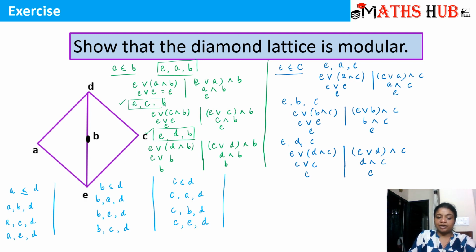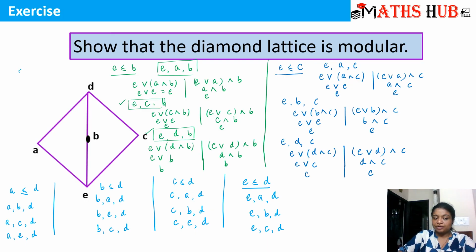And likewise, you can now also pick up the pair E less than or equal to D. If E is less than or equal to D, then which pairs can you make? You can make E, A, D, you can make E, B, D, and you can make E, C, D. That means how many inequalities did we have? 1, 2, 3, 4, 5, 6, 7.